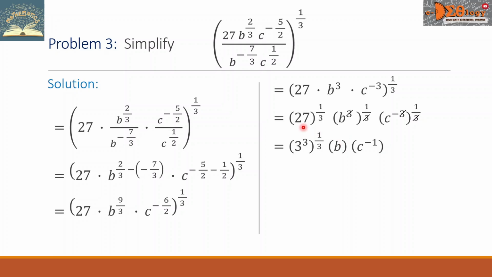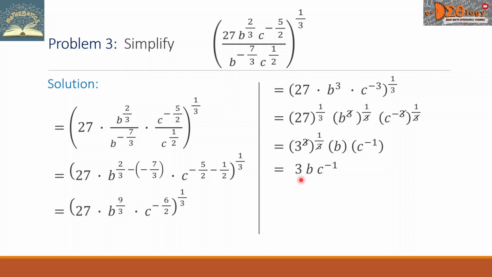For the number 27, we can show that this is 3 cubed. Then, we multiply this power 3 by the power outside, that is 1/3, or simply we can cancel this power 3 by the denominator 3. That means only the number 3 comes down in simple term.